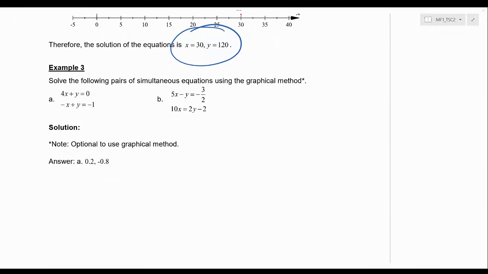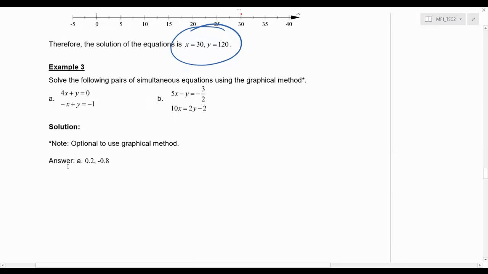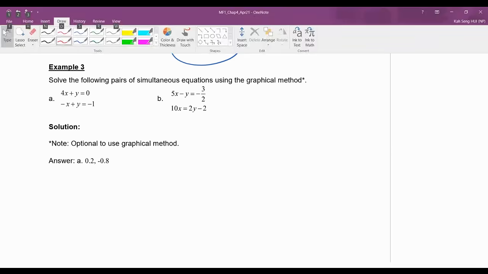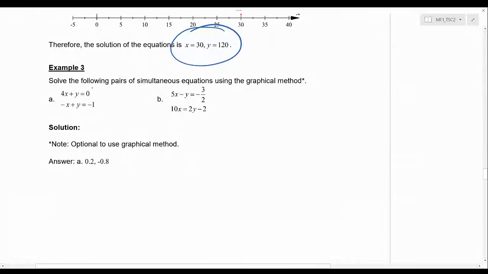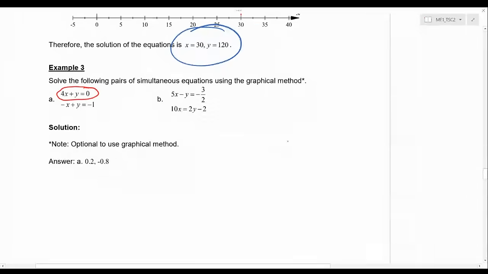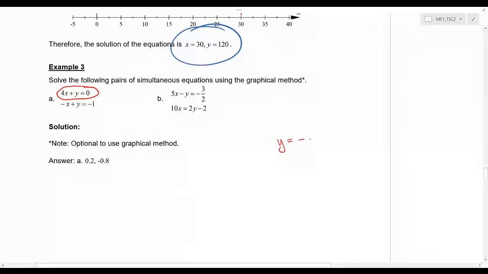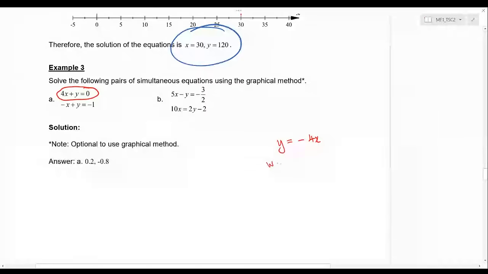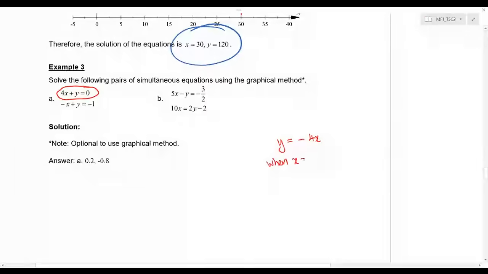If you draw them correctly, I hope you know how to draw straight lines. It's basically just plotting 2 points. Let me give you an example. Maybe for this one, 4x plus y, you can re-express it as y equals negative 4x. You choose any 2 points.